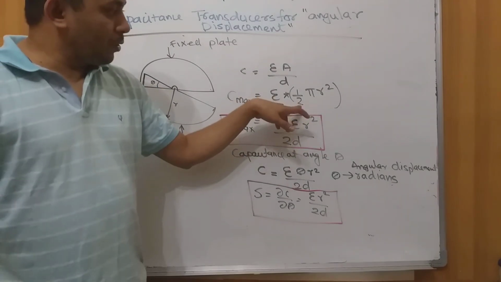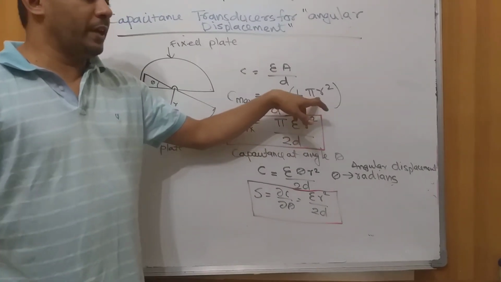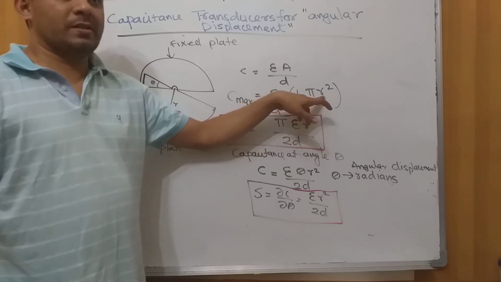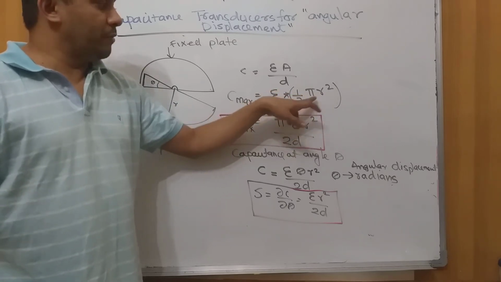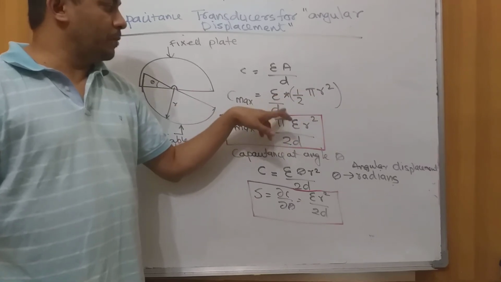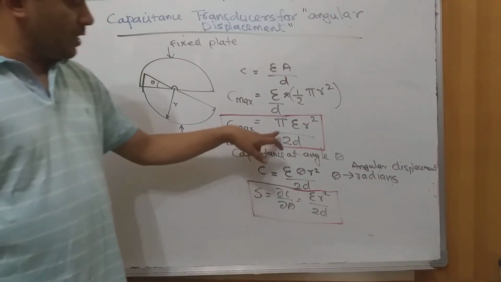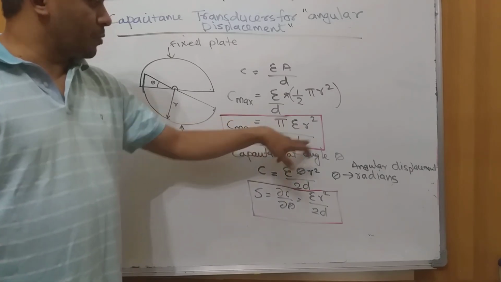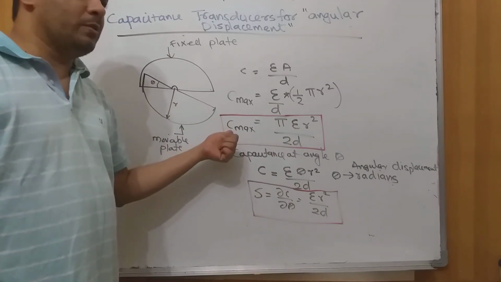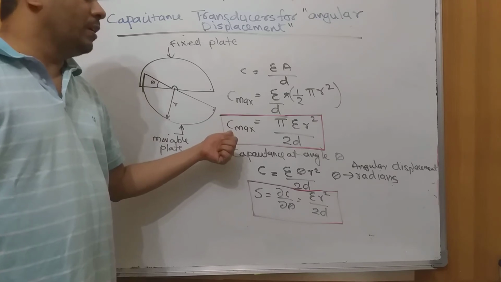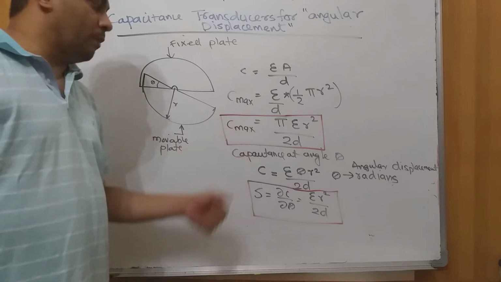That is half of the area of the circle whose radius is r, which is half pi r square. So epsilon by d into half pi r square, rearranged, gives pi epsilon r square divided by 2d. This is the maximum capacitance value, with maximum overlap.